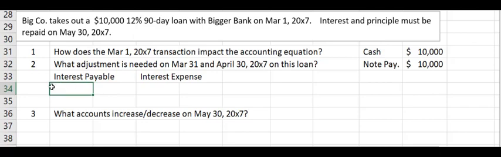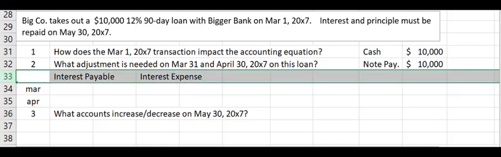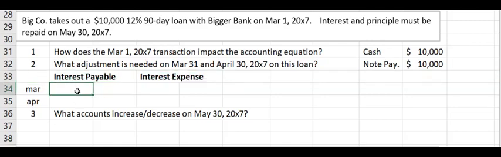So as you use this loan, you're going to be accruing for the interest that's owed that'll be paid at the end of May, and the using up of that financing cost, the interest expense. So what is the interest expense and obligation to repay that interest for March? What is 1 month of interest?